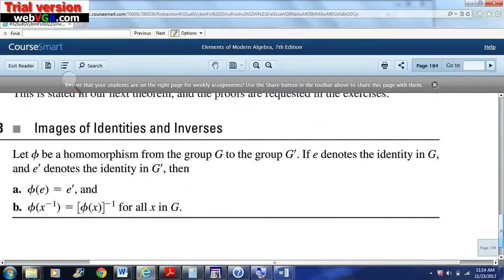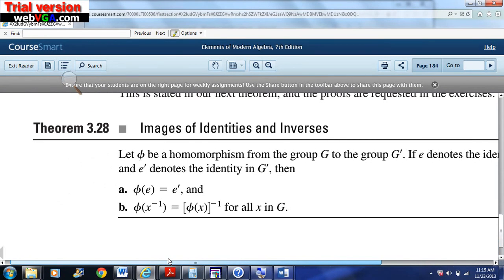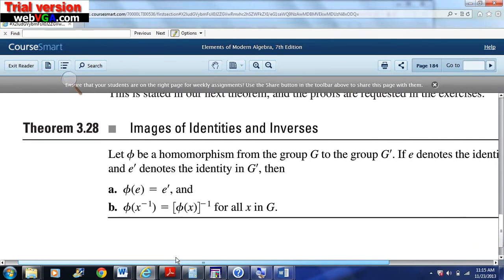All right, the next thing we have is a theorem. This is theorem 3.28, images of identities and inverses. And we had a theorem with the same name in the previous section.